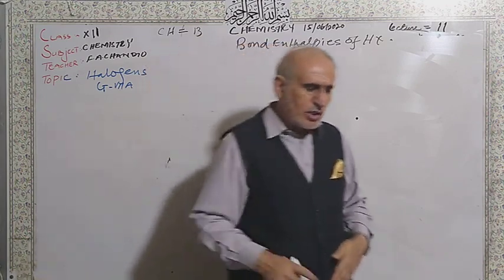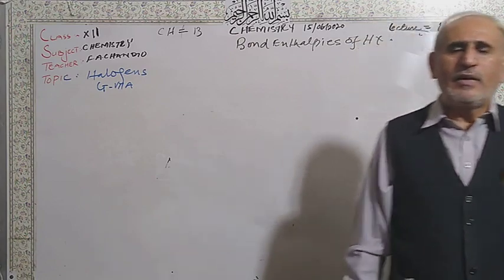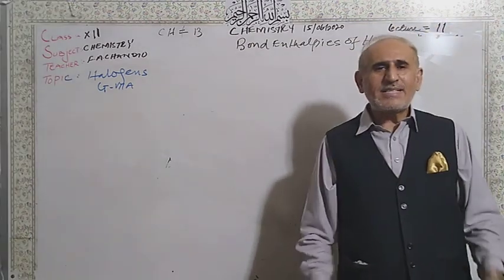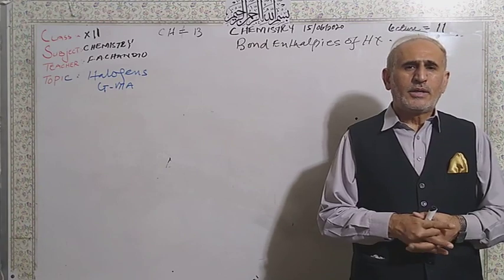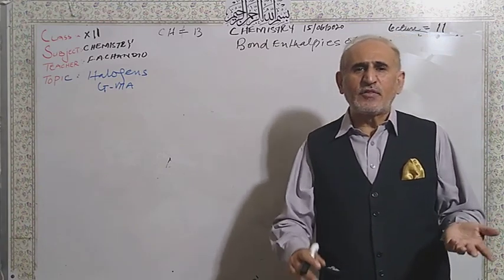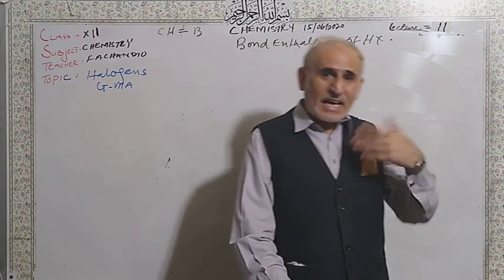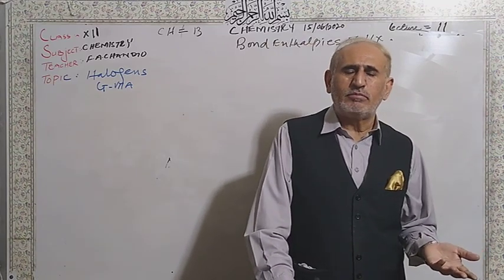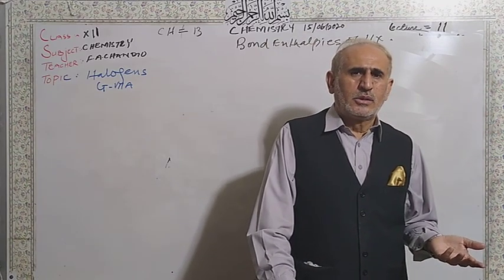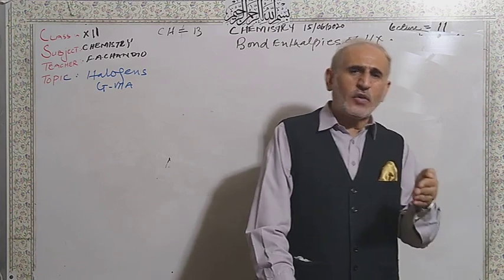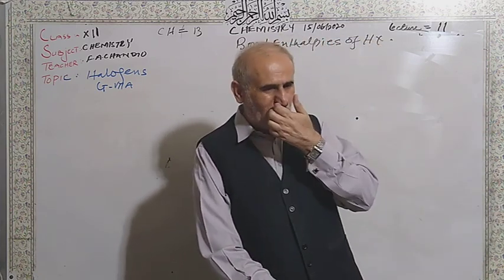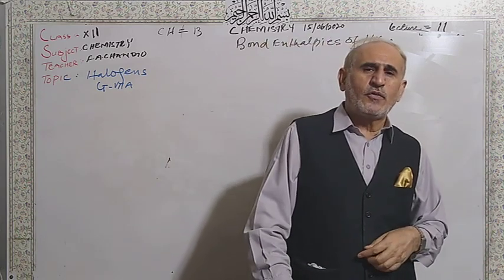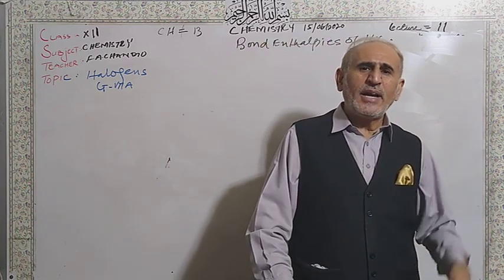So, dear students, we did in grade 11 in bonding that this depends upon the difference of electronegativity and the size of the halogen atom. Between hydrogen and fluorine is the highest electronegativity difference, because hydrogen is 2.1 and fluorine is 4, so it will be a 1.9 difference.